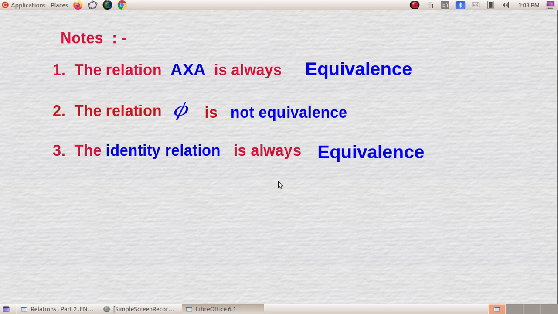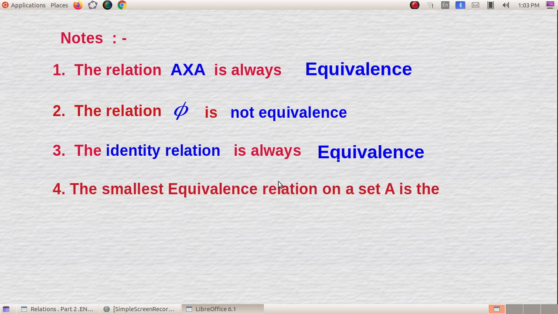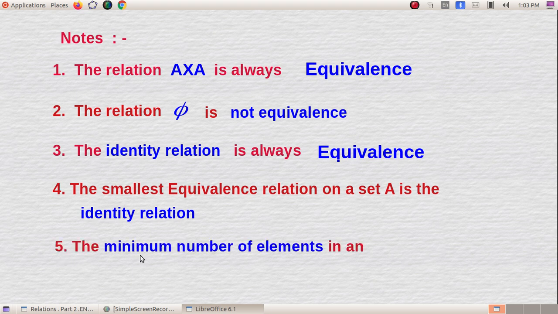One more thing: the identity relation is the smallest equivalence relation on a set A. If we delete any single element from the identity relation, that relation is not an equivalence because it is not reflexive. Clear?